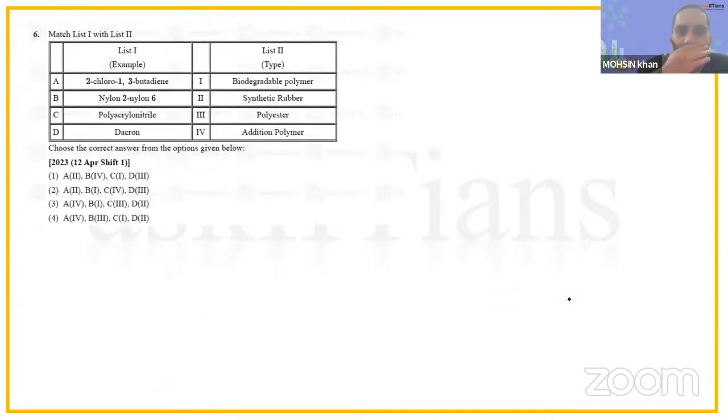Next, again, we have got a match the following question. We have been given some examples and we have to match them with the list type. So 2-chloro-1,3-butadiene will look like this: carbon, double bond carbon and Cl. Now, what kind of polymer will it give?